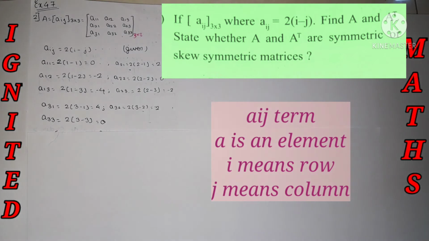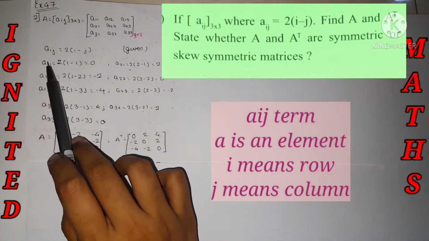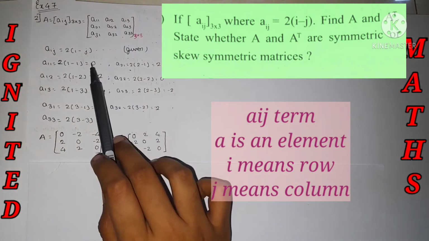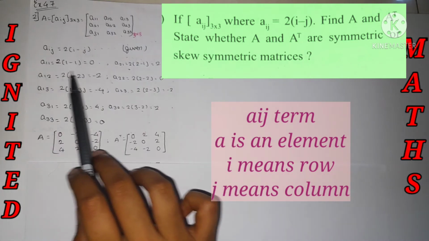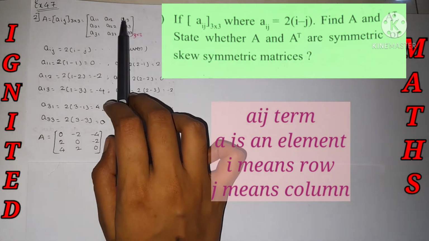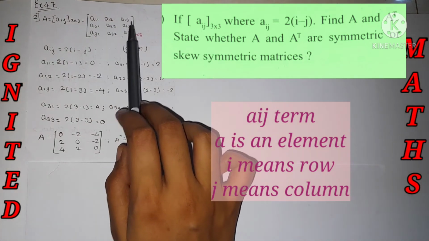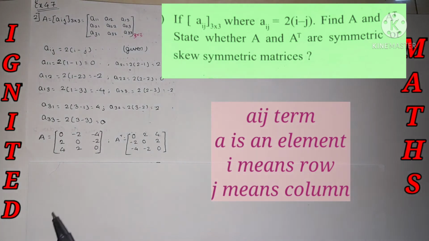Now just put the values in the matrix. So A matrix: the A11 element, first row first column, is 0; first row second column, A12, is minus 2; first row third column, A13, is minus 4. Just put the values as we have found them.